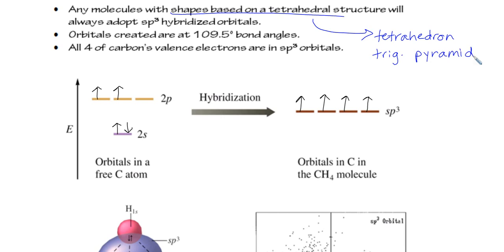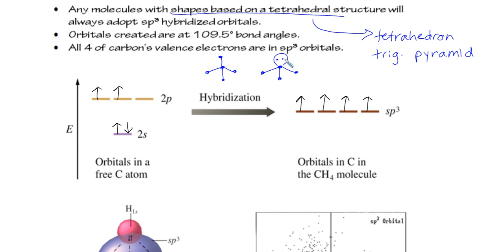So if I sketch these guys, here's my true tetrahedron with 109.5 degree bond angles. Here's my trigonal pyramid, and then up on the top, we have a lone pair. So there's still 4 regions of negative electrons. It's just that one of those regions is a lone pair instead of a bonding pair.